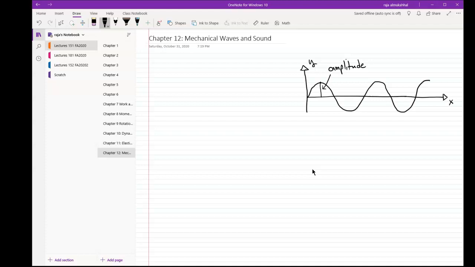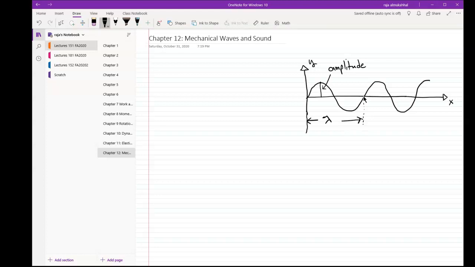There is also another interesting variable, which is called the wavelength. The wavelength is the length of one cycle, okay? So you can start, for example, from here, at the origin, all the way until the end of the cycle, which is right here. That would be what we call the wavelength, the length of the cycle.